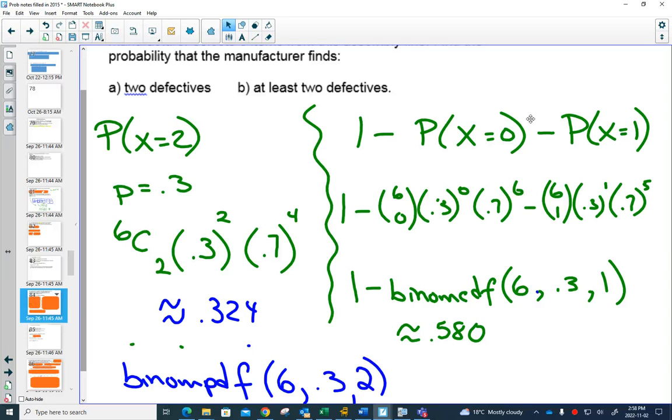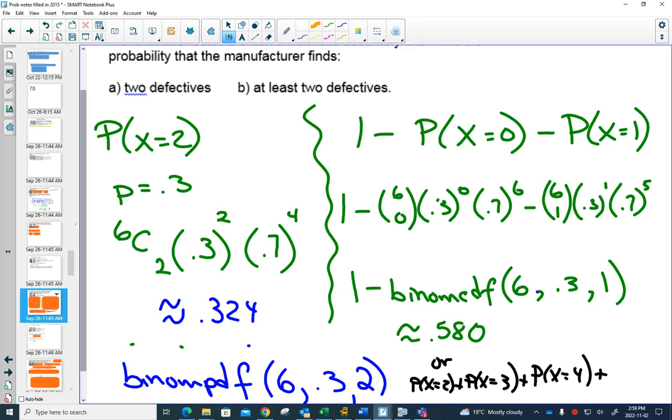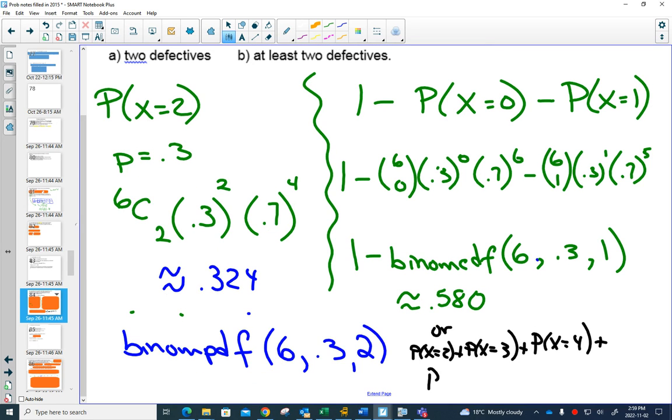Option 2 would be to add up. I'll write it in black. The other option would be to add them all up separately: X equals 2 plus X equals 3 plus X equals 4 plus X equals 5 plus X equals 6.